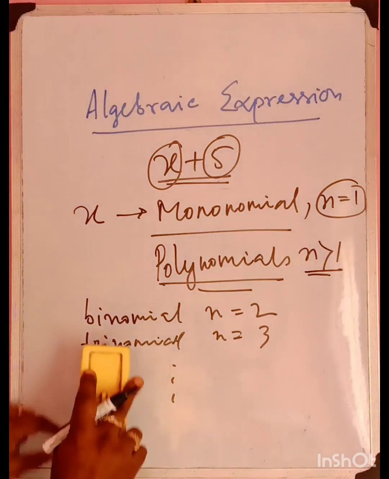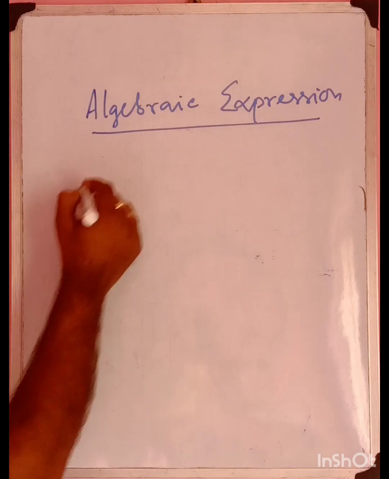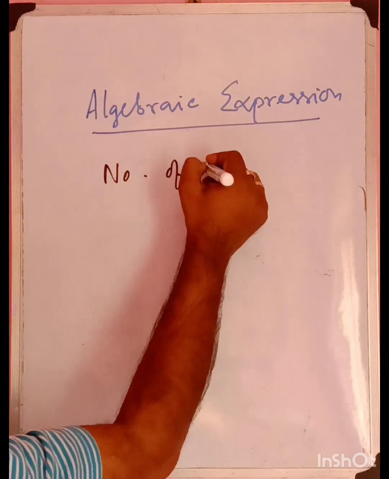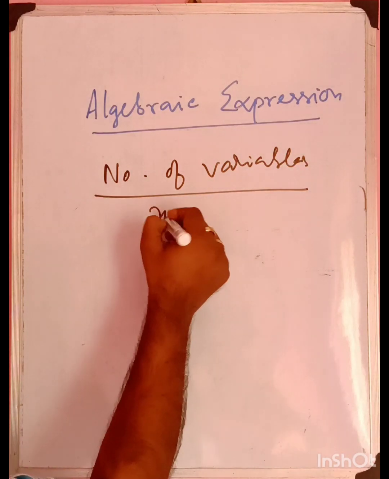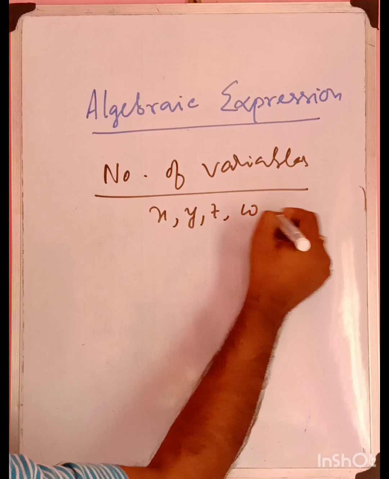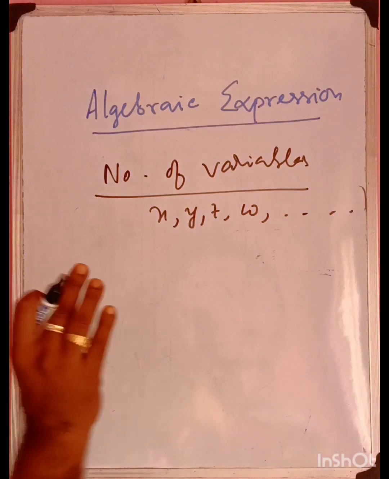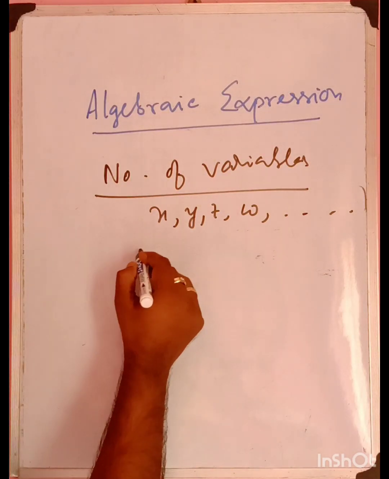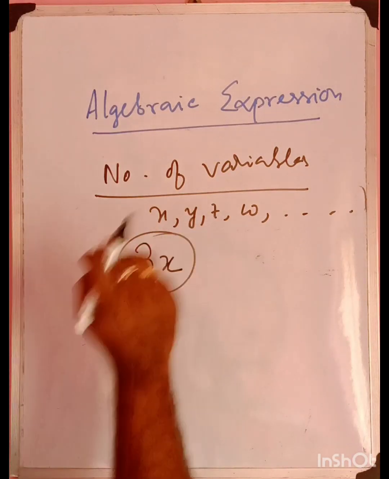Another way of classifying expressions is with number of variables. Just I said x, y, z, w. There may be several variables. Now, if an expression consists of only one variable, it is polynomial with one variable.